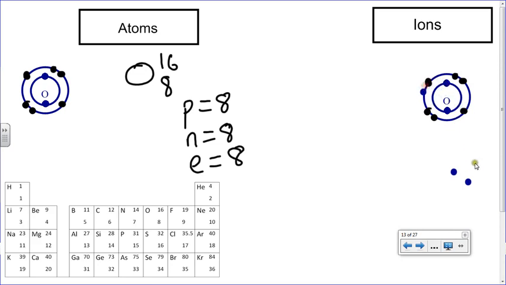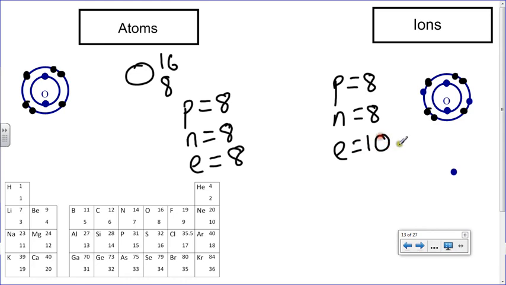So what it does is it gains 1, 2. So the ion is still 8 protons, 8 neutrons, but the electrons have gained 2. 2 more negatives than it has positives. So we note that an oxygen ion will have 2 negative charges.